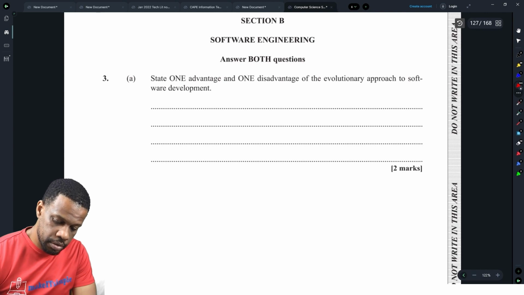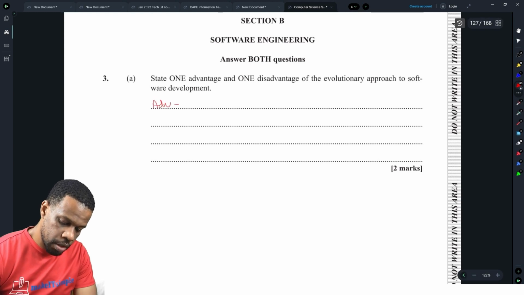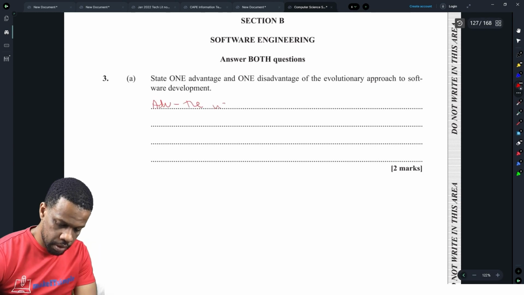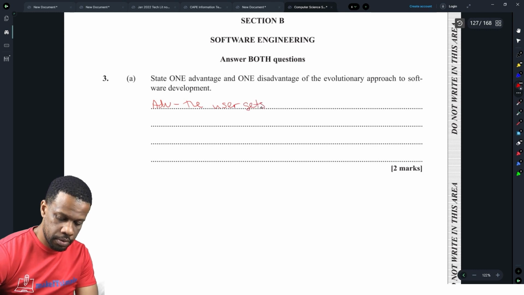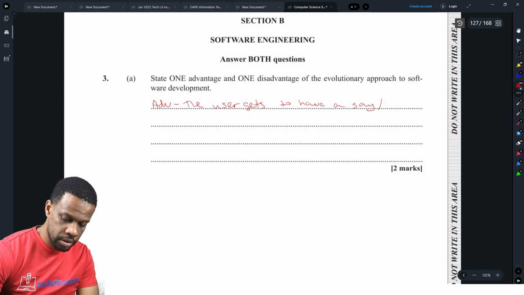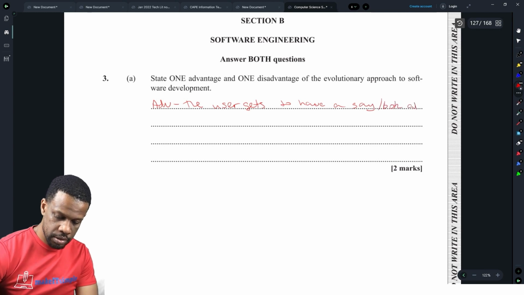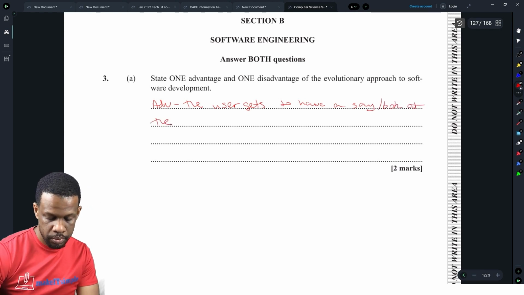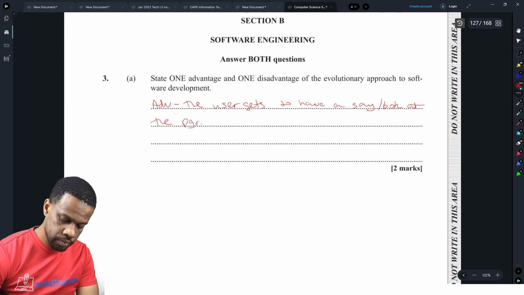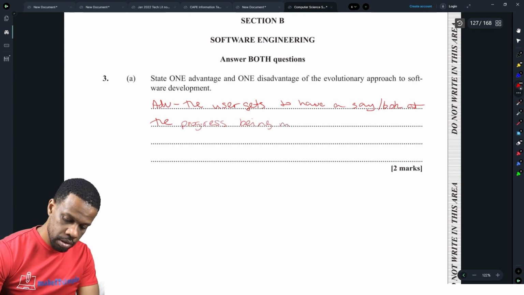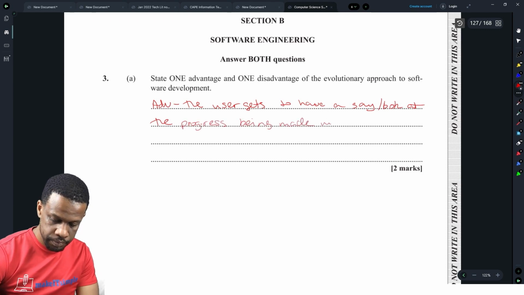The advantage is the user gets to have a say and look at the progress being made on the system.